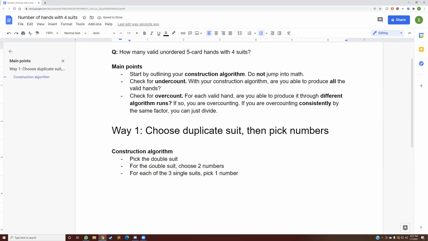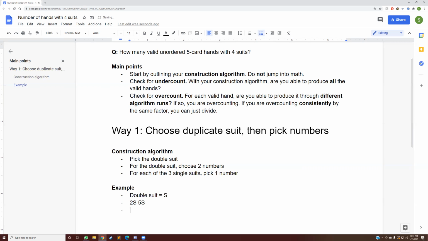That's right. So let's go through an example. Why don't you pick the double suit? Spades. I'll just abbreviate S equals spades. And then for the double suit, choose 2 numbers. 2 and 5. Okay, 2S, 5S.